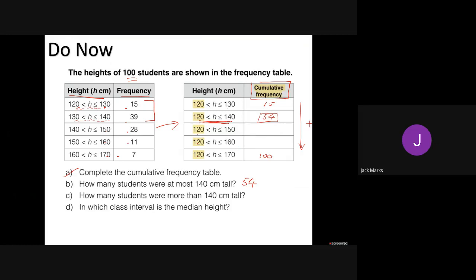There's 100 in total, so this must be 100 take away 54, which is 46. In which class interval is the median height? Well, 54 is the area in which we've gone over the half n threshold. So this is in 120 up to and including 130.